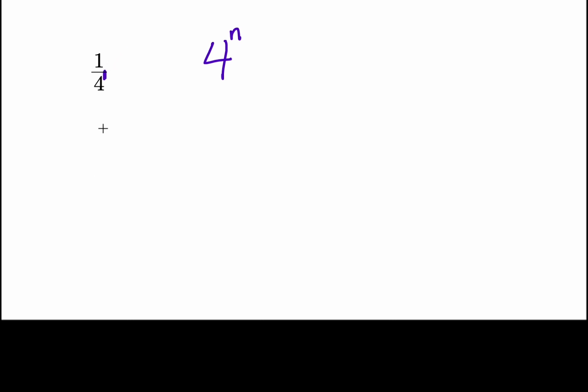Well, working backwards, I can take this term and move it to the numerator as long as I change the exponent back to a negative. So 1 over 4 equals 4 to the negative first power. And in this case, n would be the exponent, which is negative 1.